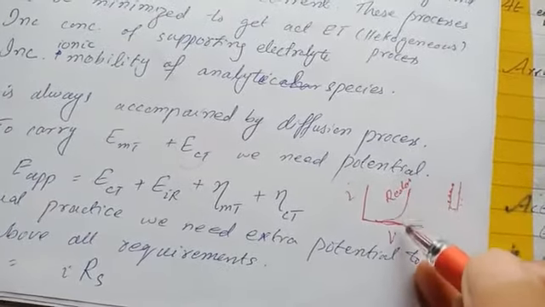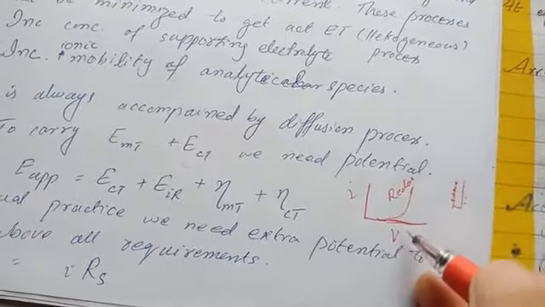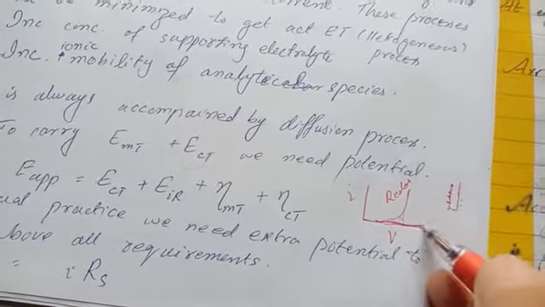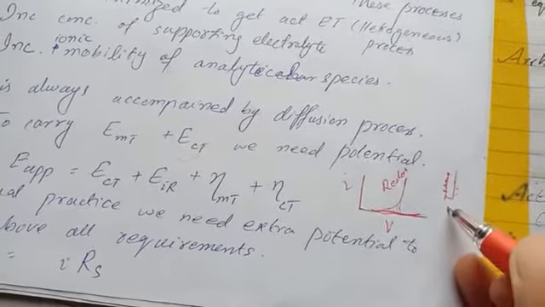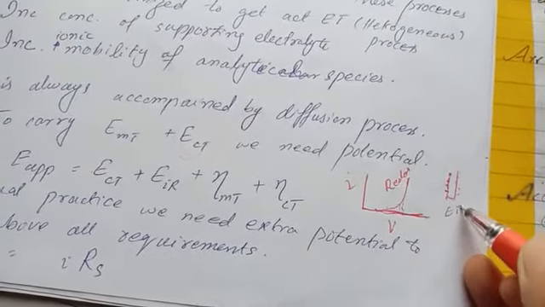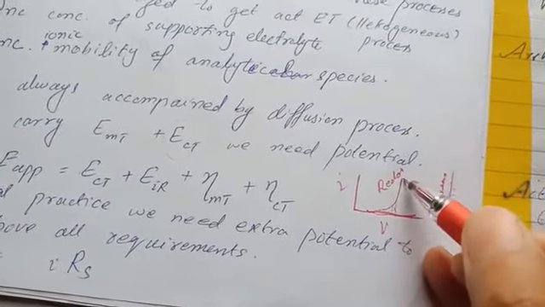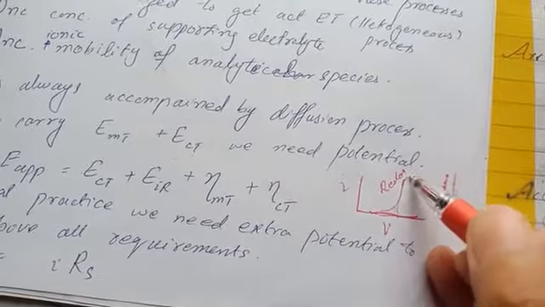So in order to carry out the reaction at the required voltage, which is important for electron transfer at the interface, experimentally we need to apply an extra amount of voltage.